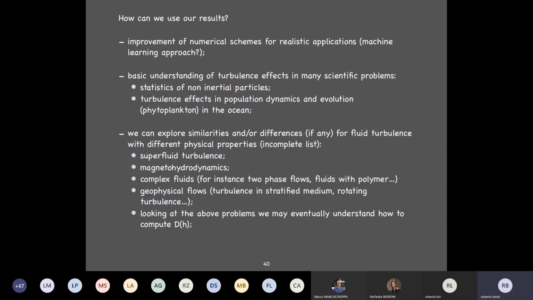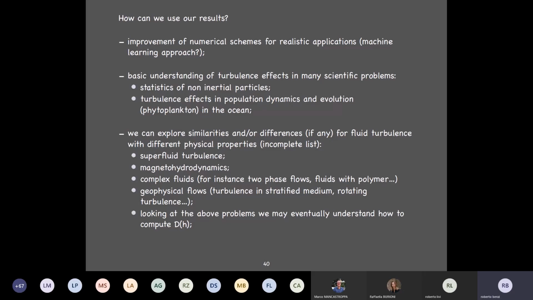For instance, we can understand whether in superfluid turbulence we observe something similar or something different. We can try to make a good assessment, which to my understanding has not been done yet. In the case of magnetohydrodynamics, we can explore the difference in the case of complex fluids, for instance, fluids with polymers, two-phase flow or whatever.